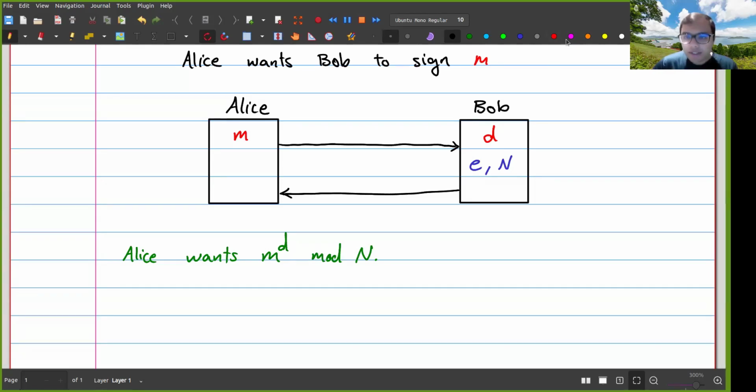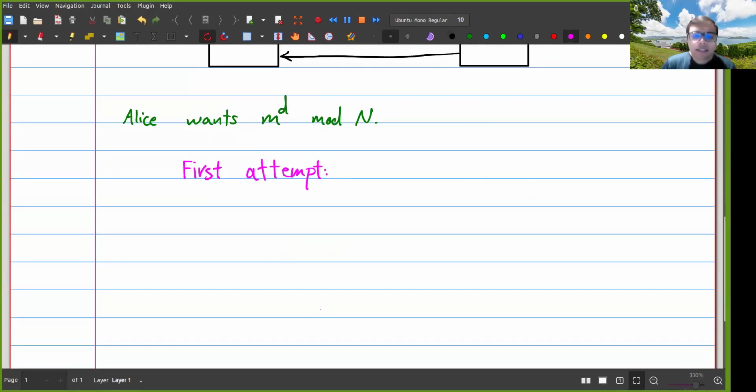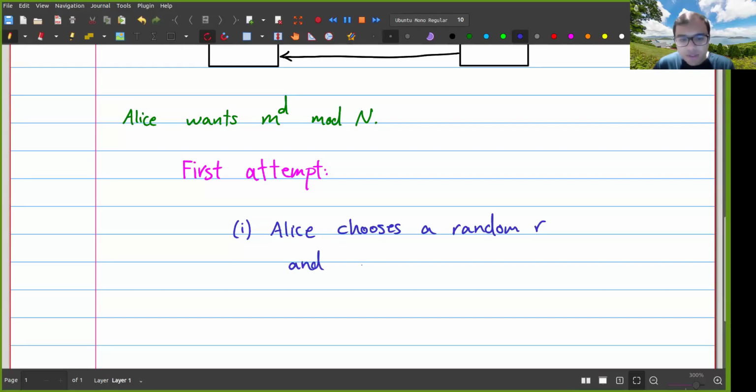So let's try this. This is the first attempt. Let's say that Alice takes the message M, and let's say she chooses some random number, for example, R. So Alice chooses a random R, and let's say she computes a new message, M prime, which is M times R. So she just multiplies this random number by the actual message that she wants to see signed.